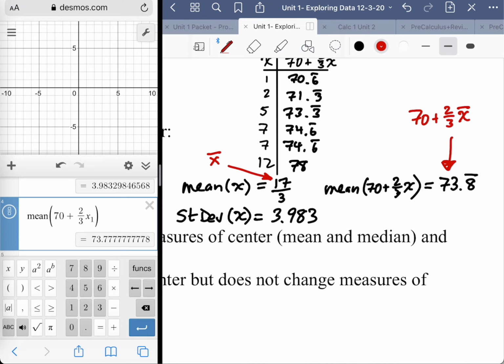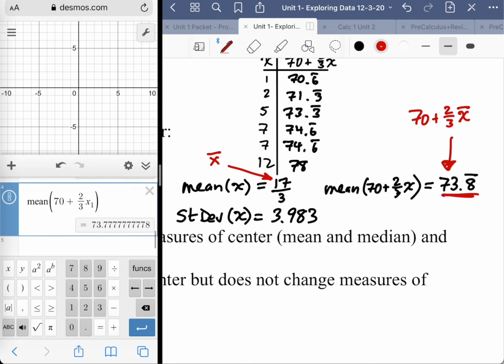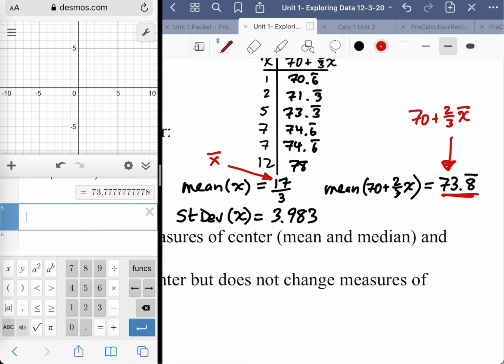If we were to compute this, we would get the same value. It's telling us that we can use the same transformation on the mean and come up with the same answer that you would get if you transformed each individual data point and then found the average of the results.